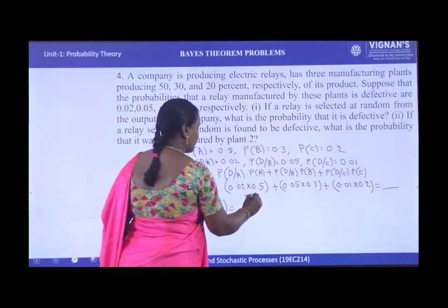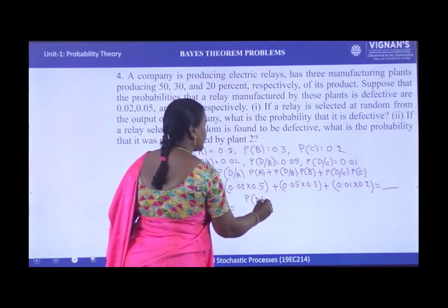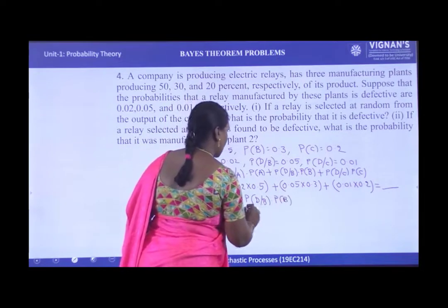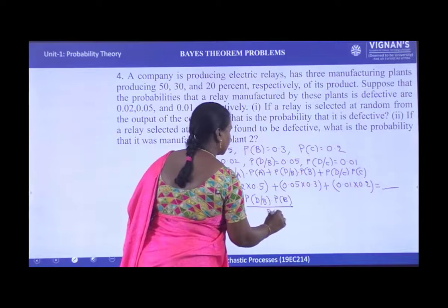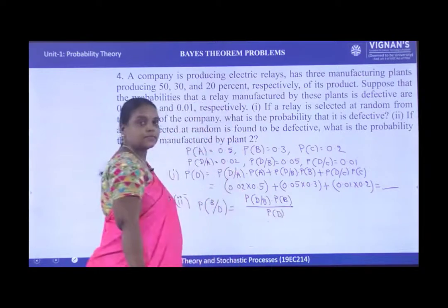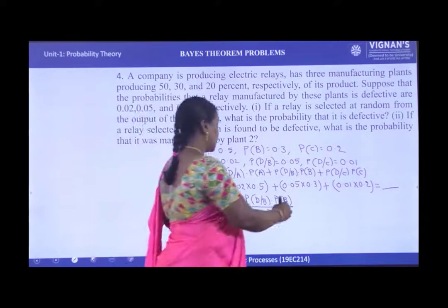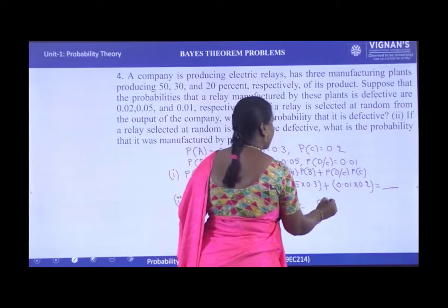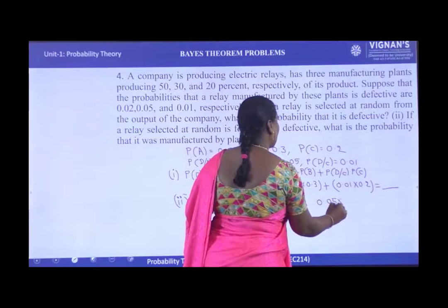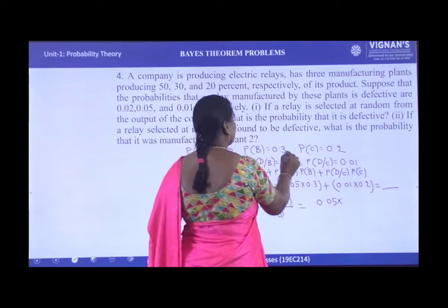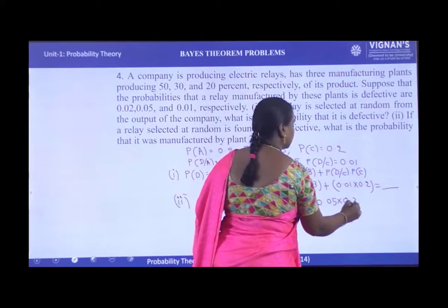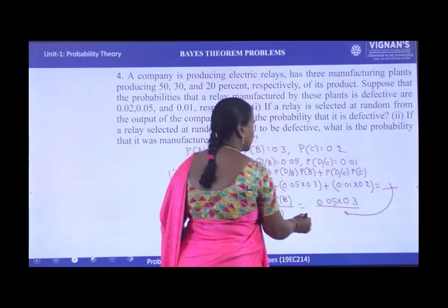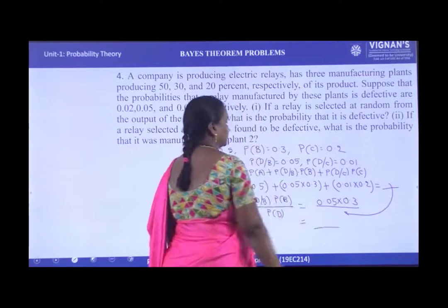So, P of D by B into P of B by P of D. So, what is P of D by B? 0.05 into what is P of B? 0.3 by whatever the answer you got, you substitute here, you will get the final answer.